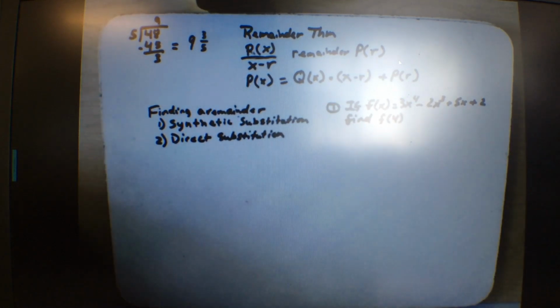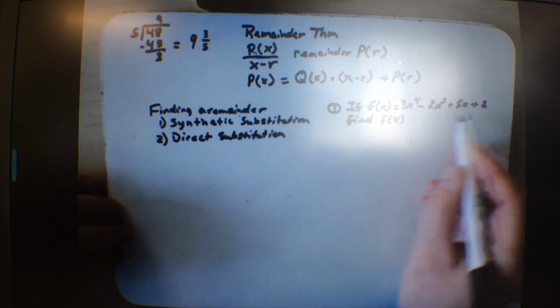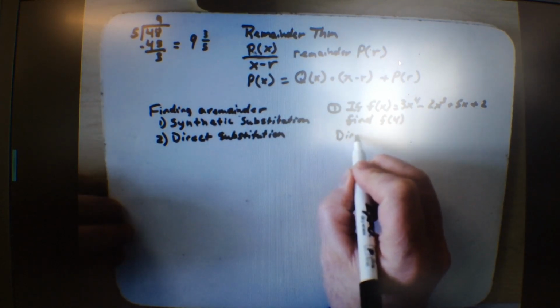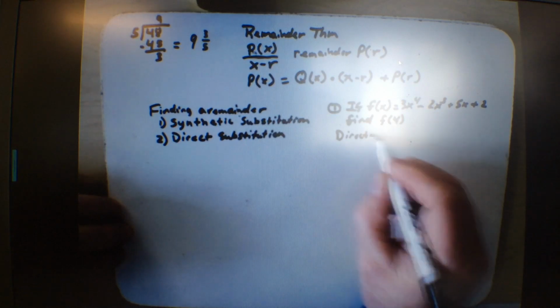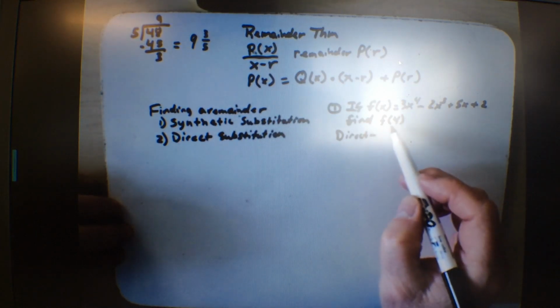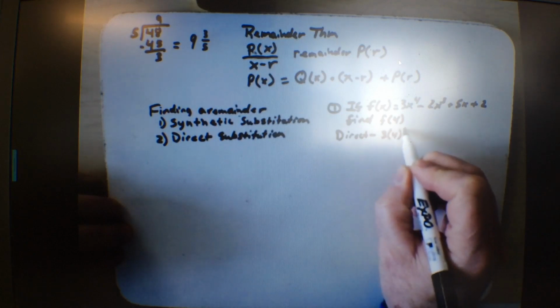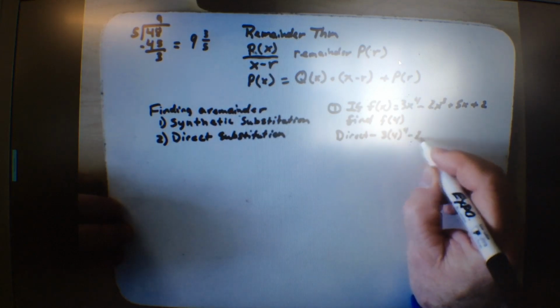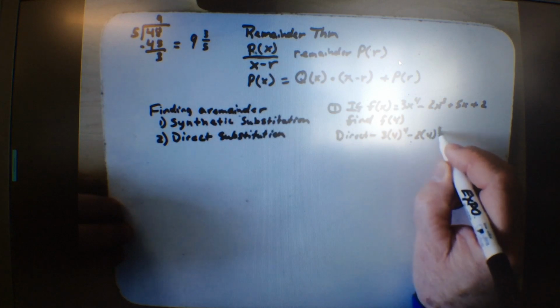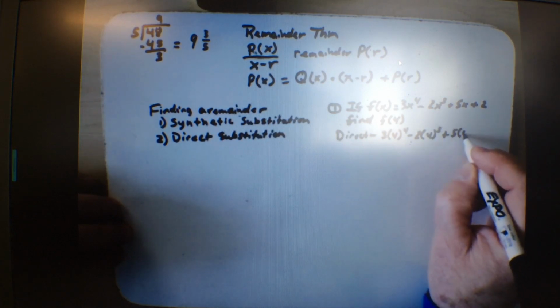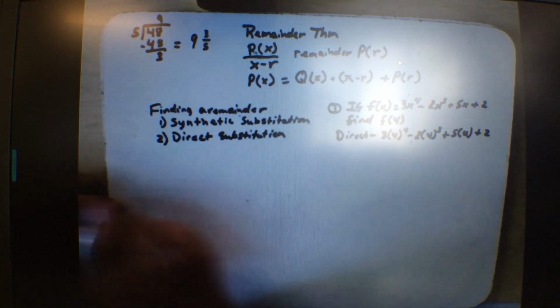Okay, now I'm going to do it two different ways: direct substitution and synthetic substitution. F of 4 means I put 4 in, so this is direct, and I'm backwards from the book. They did synthetic first, but I'm going to do direct first. F of 4 means I put 4 in for all the x's, so I take 3 times 4 to the 4th minus 2 times 4 cubed plus 5 times 4 plus 2.